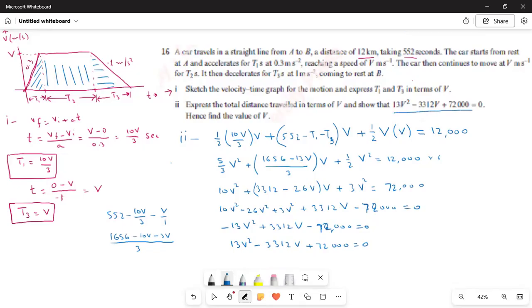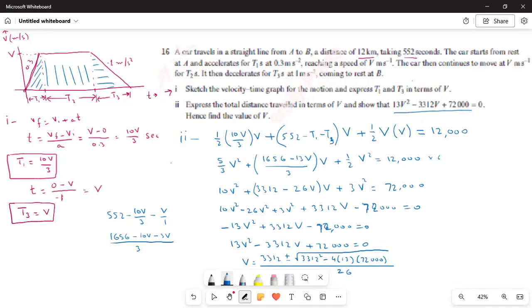Now find the value of v. If I solve this quadratic equation, v equals minus b, so 3312, plus or minus the square root of b squared, so 3312 squared minus 4a, which is 13, into c, which is 72,000. This is all under the root and divided by 2a, which is 26.